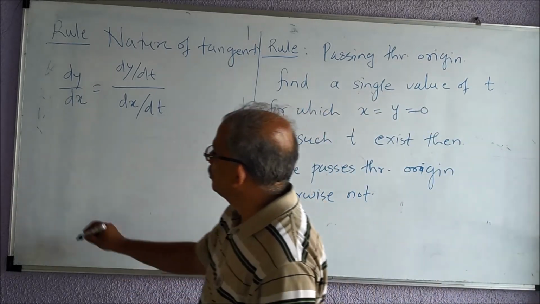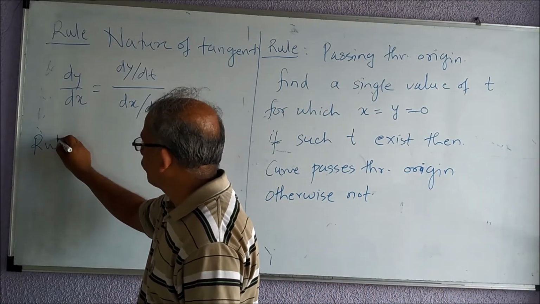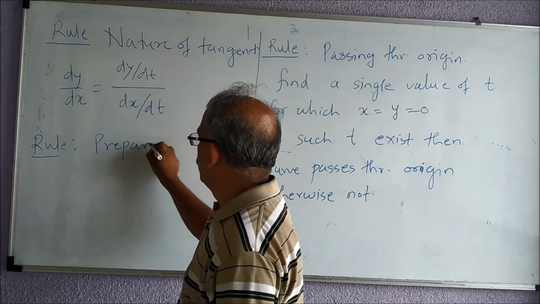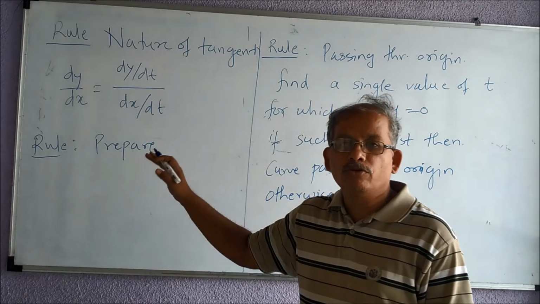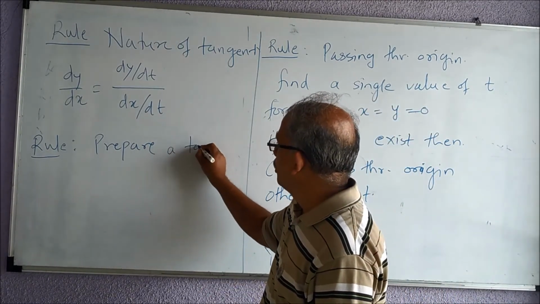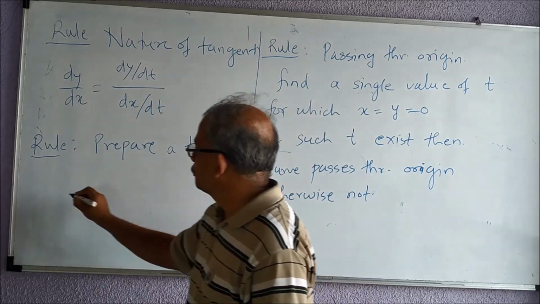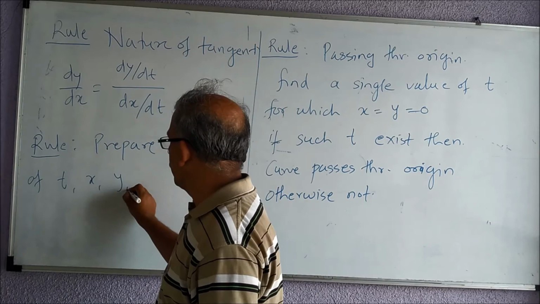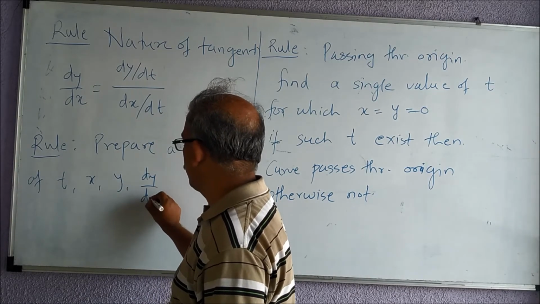Here, please note one thing: you prepare a table. This is a very important point when you are tracing curves in parametric form. Prepare a table of t, x, y, dy by dx.